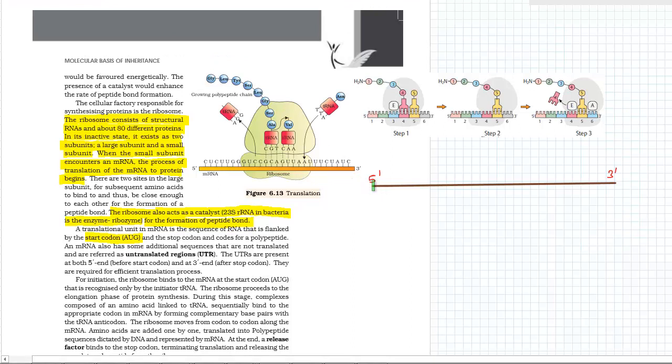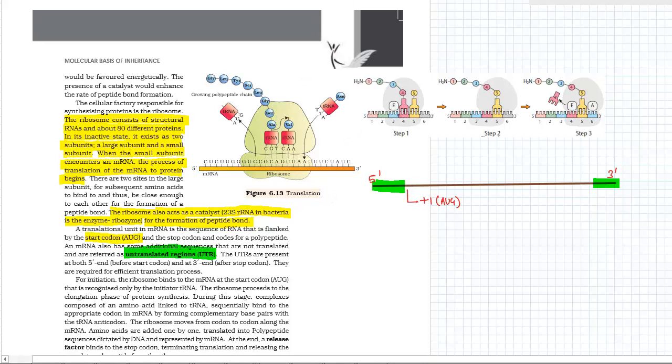So I have this flanking region on the 5' side and this flanking region on the 3' side. These flanking regions are not translated, so they are untranslated regions of the mRNA. And somewhere around here, the very first AUG starts.